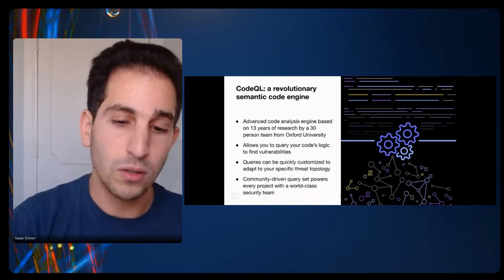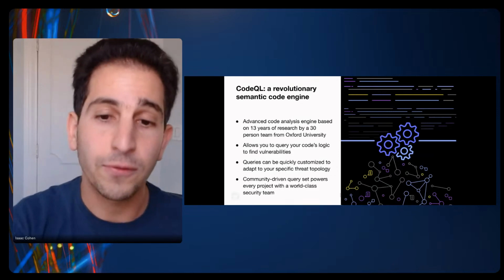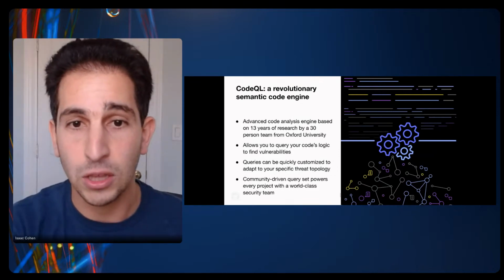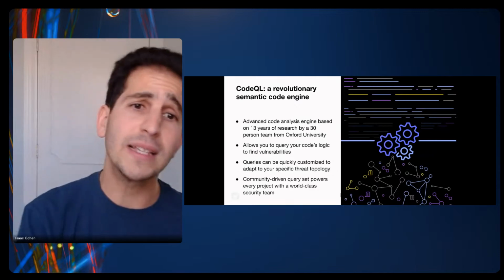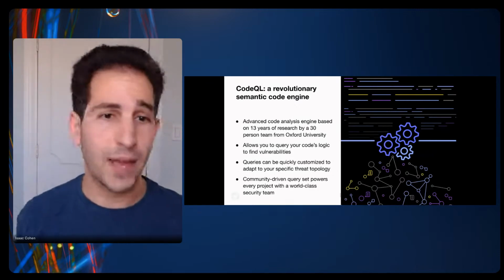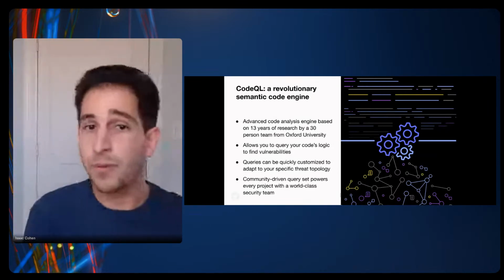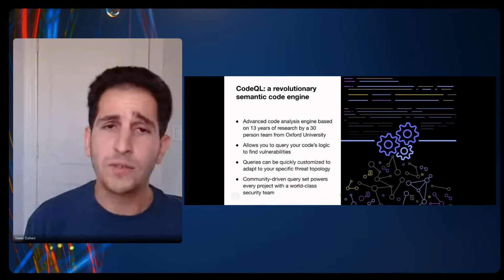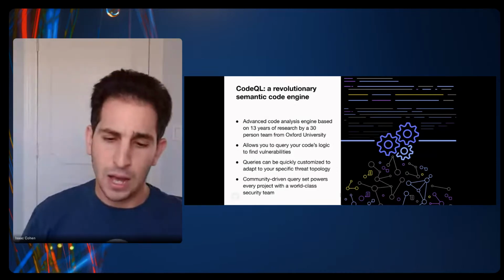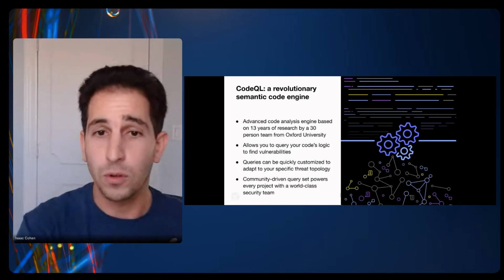This is what we use in order to find vulnerabilities, find flaws within your application logic. CodeQL is a revolutionary semantic code engine. It's an advanced code analysis engine. It was developed through 13 years of research from Oxford University. This is the language that we use in order to find vulnerabilities.